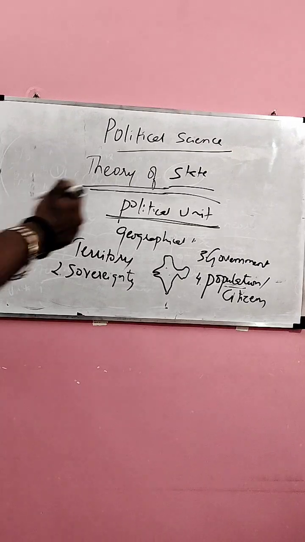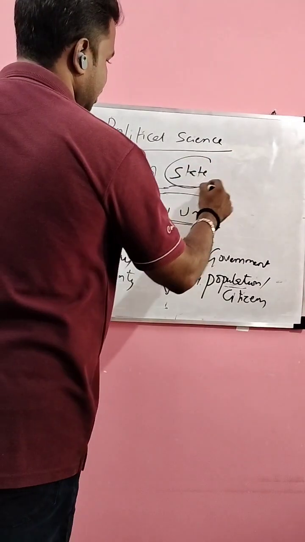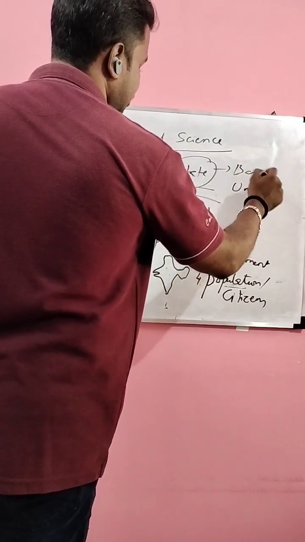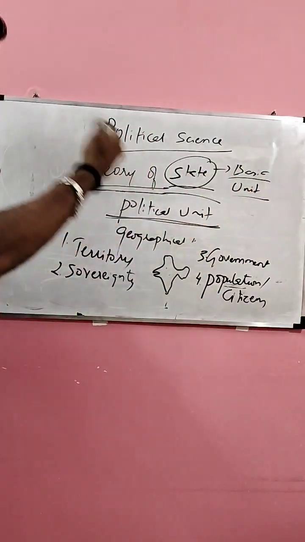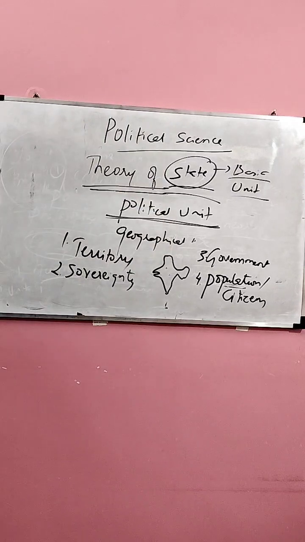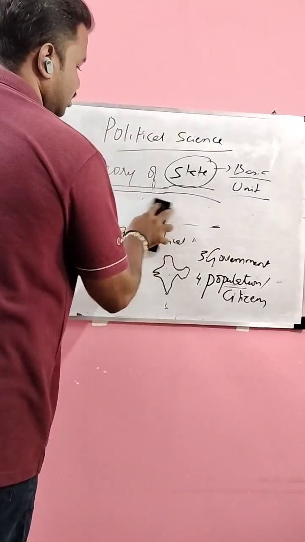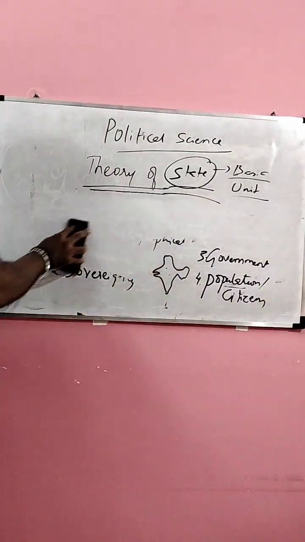When it comes to political science, state is the basic unit. There are other units as well, but this is taken as a basic unit for studying politics. The basic unit of the human body is cell, is it not? Similarly, the basic unit in political science is the state.